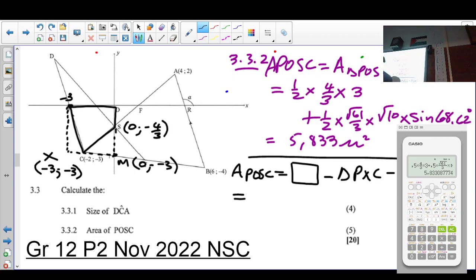Okay. So this rectangle measures 3 by 3. This is actually a square. Can you see that? So that is 3 and the drop is also 3.